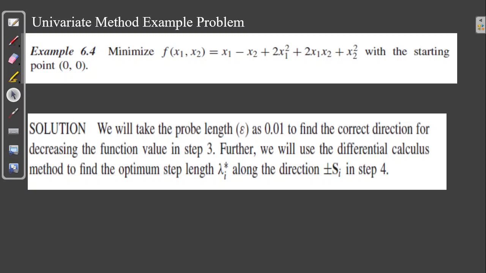Now we will concentrate on this example, which you have to solve by the univariate method.